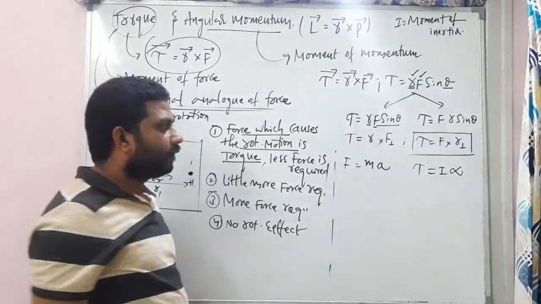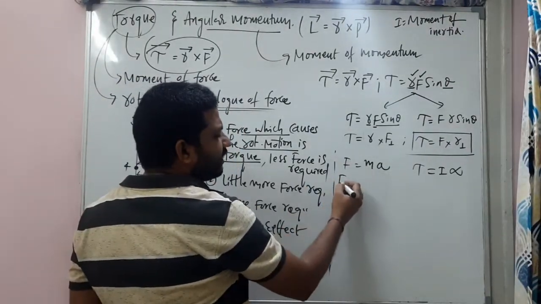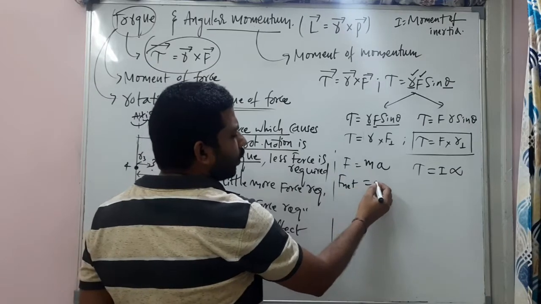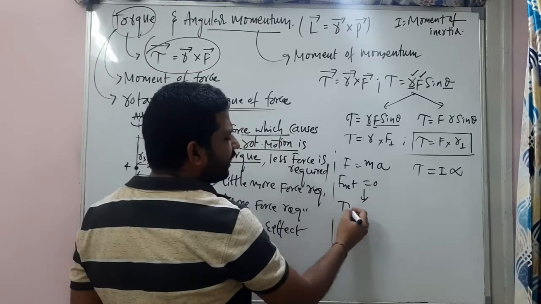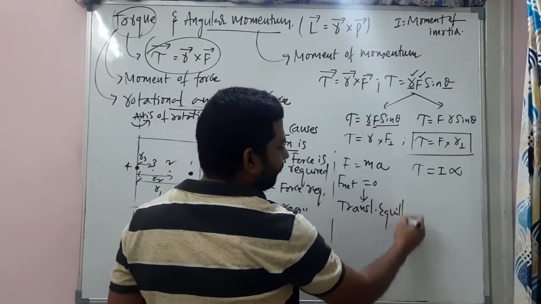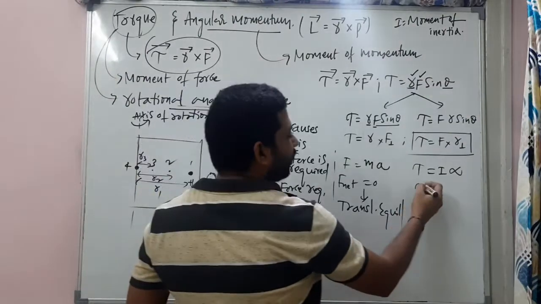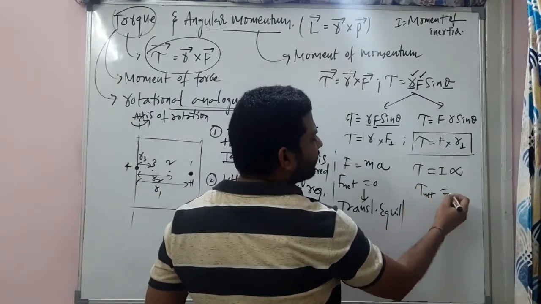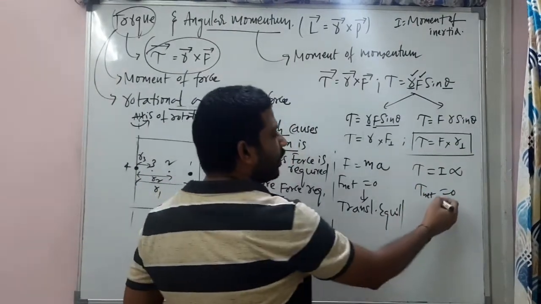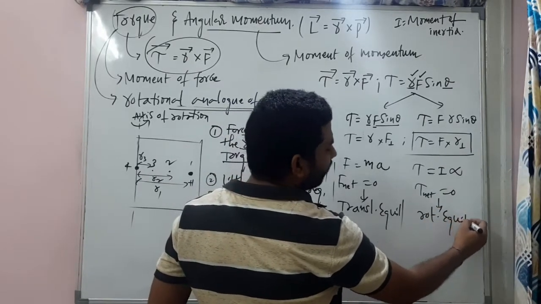Alright. When the net force is 0, I can say the body is in translational equilibrium. And if the net torque acting on the body is 0, I can say the body is in rotational equilibrium, my dear students.